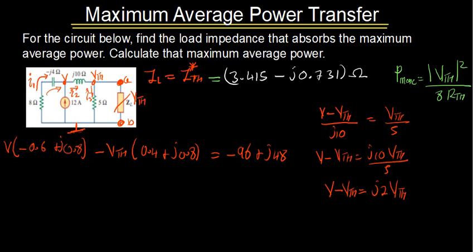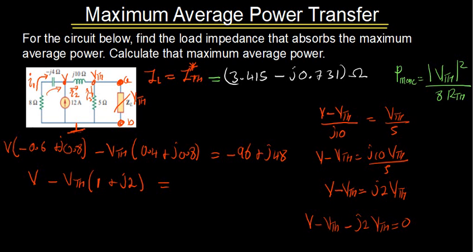So you observe I can say it's V minus V Thevenin minus j2 V Thevenin is equal to 0. So I can bring it here and say I have V minus V Thevenin, open bracket, 1 plus j2 there, is equal to 0.